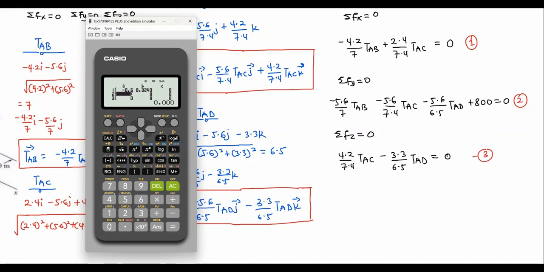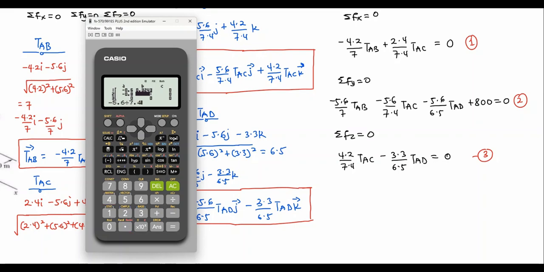Now let's move on to the second equation. The coefficient of TAB will be minus 5.6 on 7, and that of TAC will be minus 5.6 on 7.4.